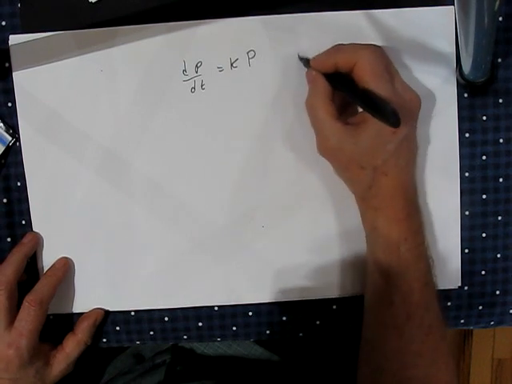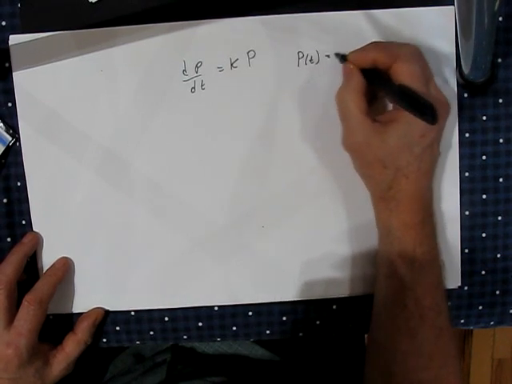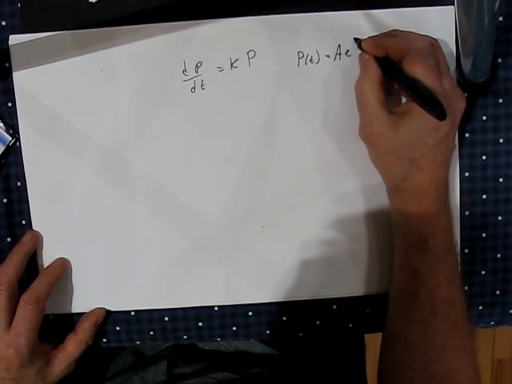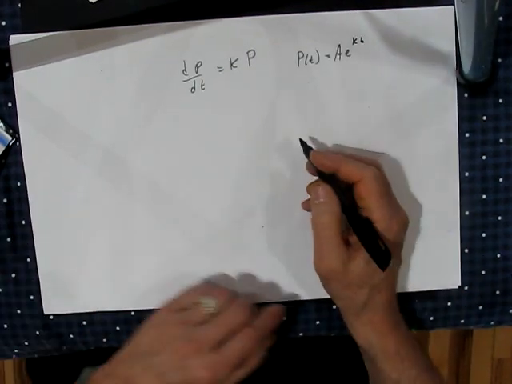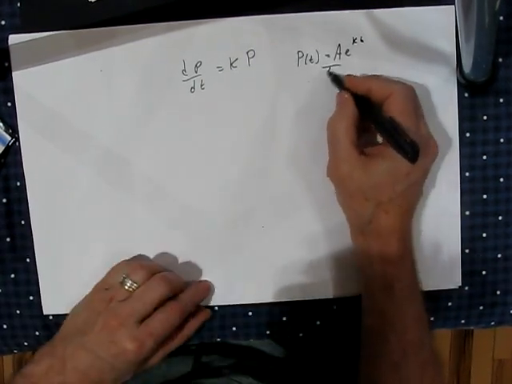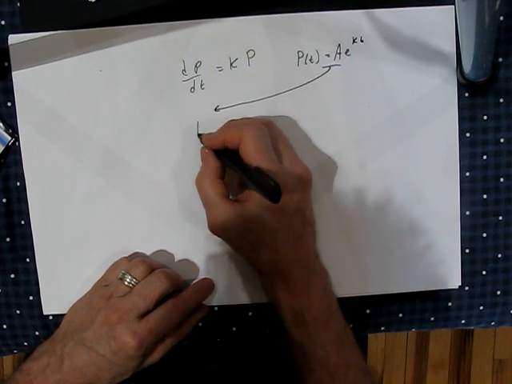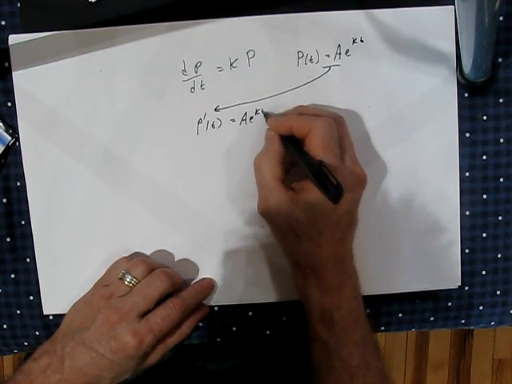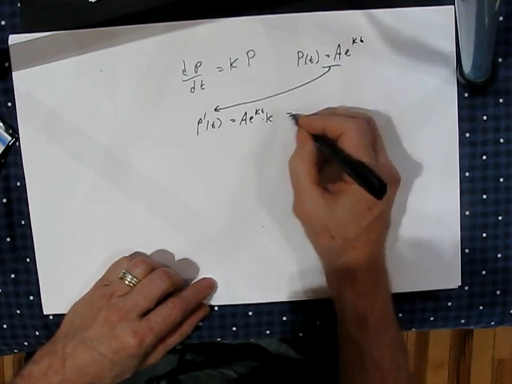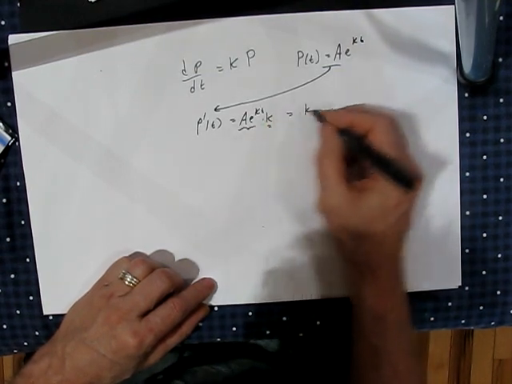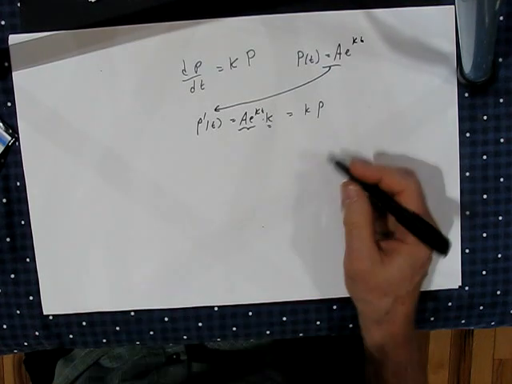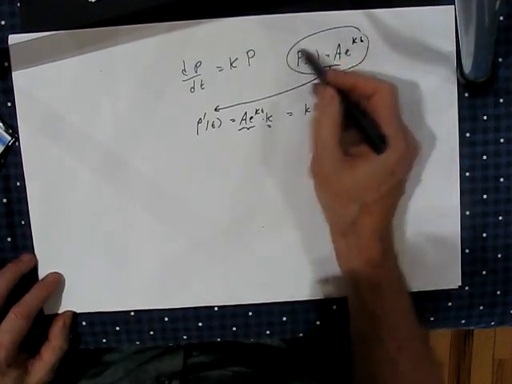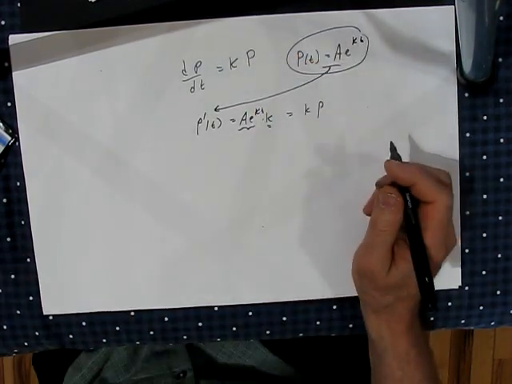And observe that the following differential equation is satisfied by this function. So the derivative of P is a e to the kt times k, which is k times P. So this function satisfies that differential equation.